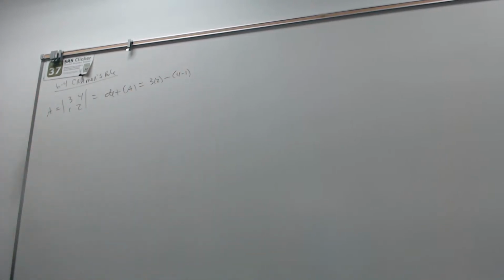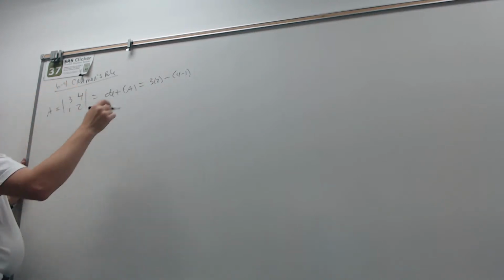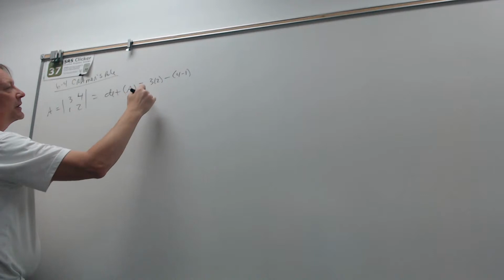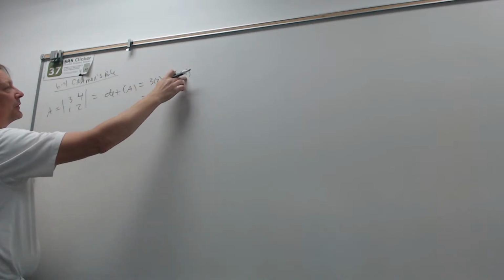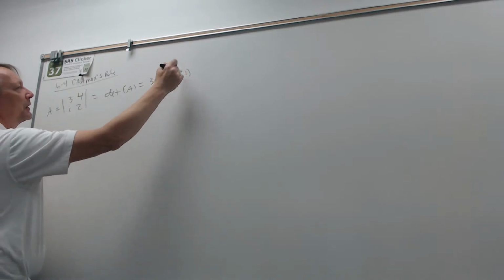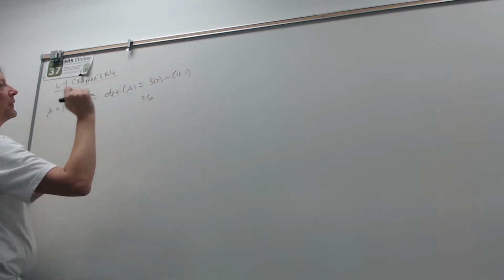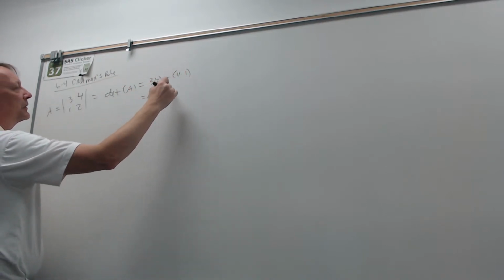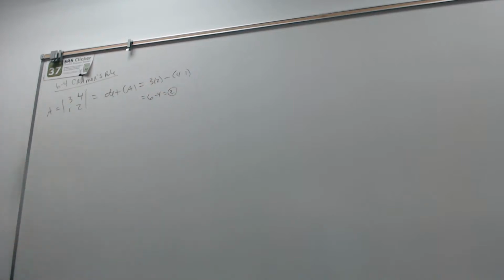That's a 4, not a negative 1. So this is 6 minus 4 equals 2. Okay? So we're good on the 2 by 2 matrices, right?